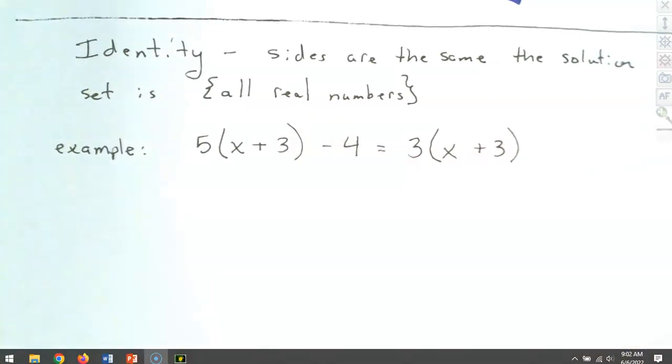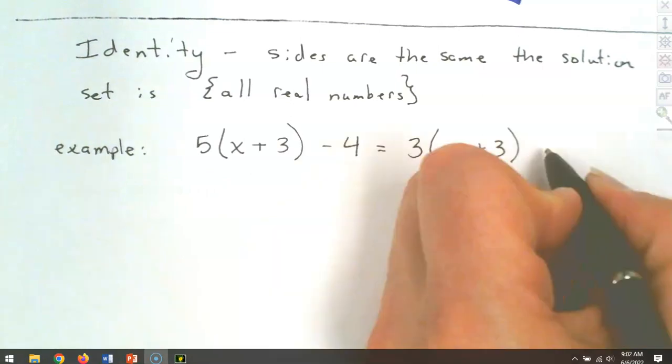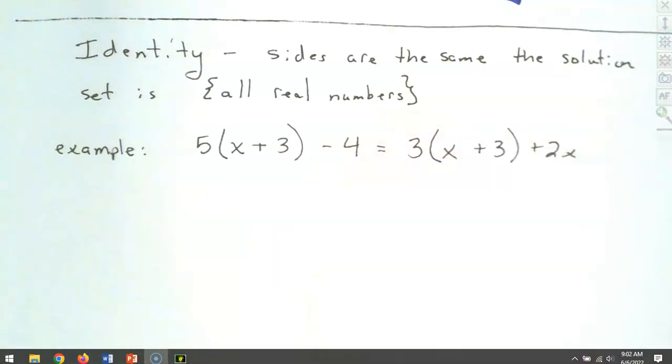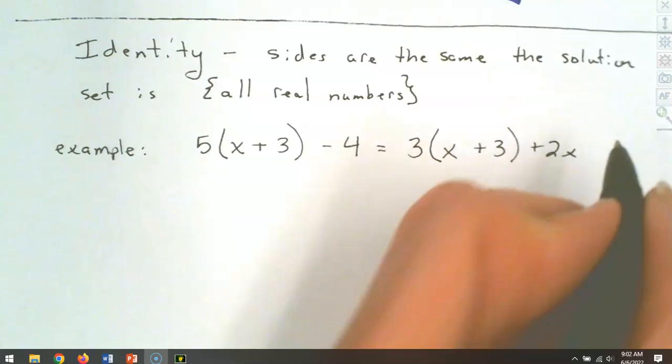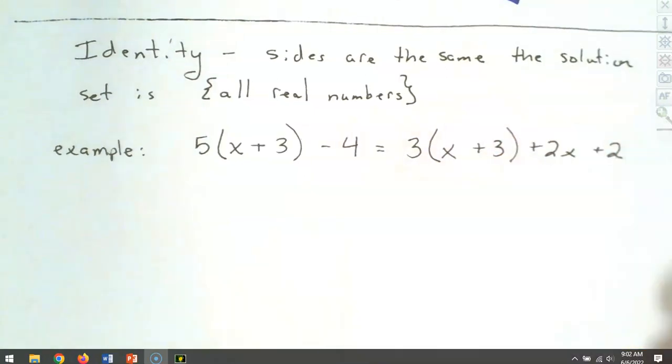Okay, let me make sure these sides are going to match up here. We'll do a plus 2x, that way those match there. Okay, and then we'll do a plus 2. So that should make sure that these come out to be the same.